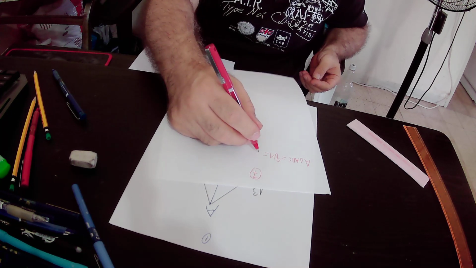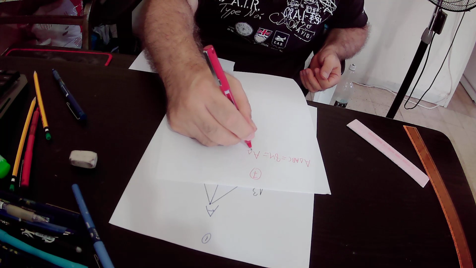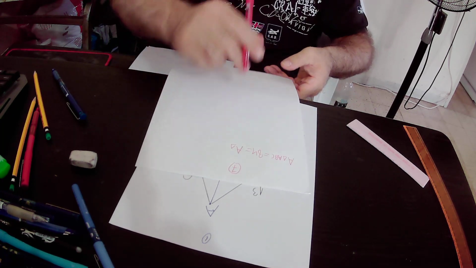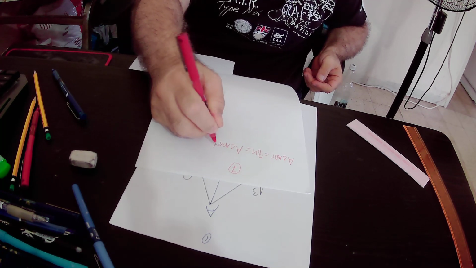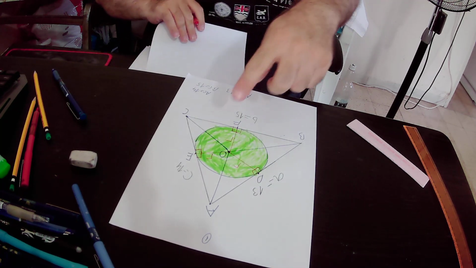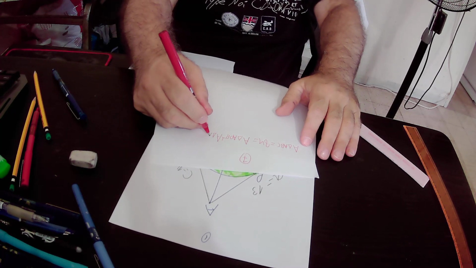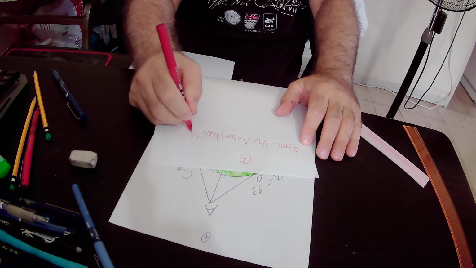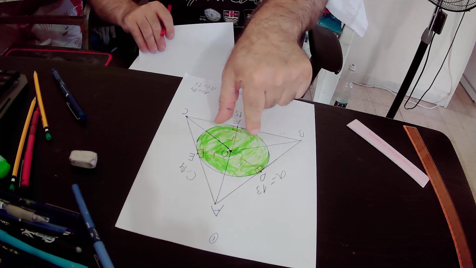The area of triangle ABC equals the area of triangle AOB plus the area of triangle AOC, this triangle, plus the area of triangle BOC, this triangle.